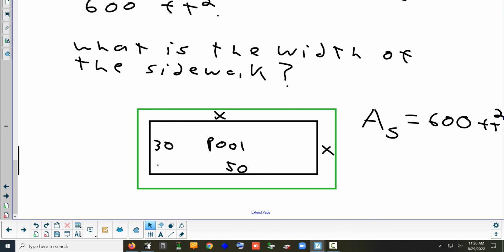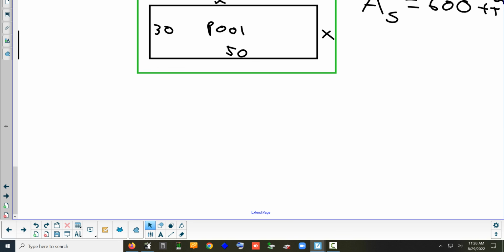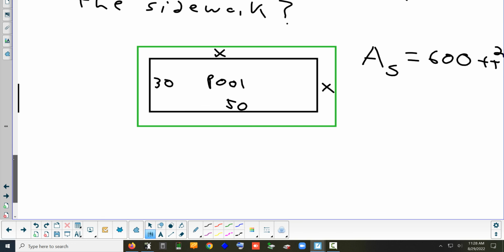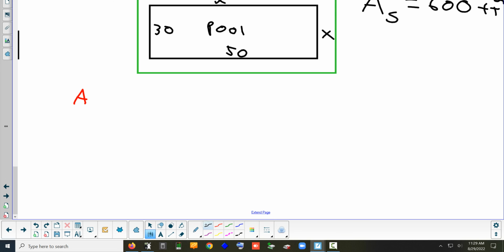How could you write a formula for the area of the sidewalk in terms of the two rectangles up there, the green one and the black one? Wouldn't you have to subtract the area of the pool? So you'd have your big area minus, well, yeah.